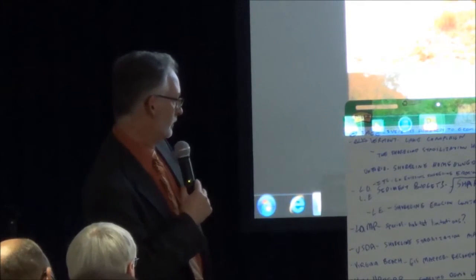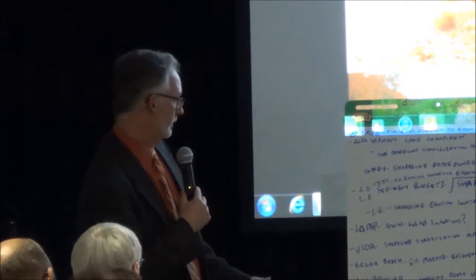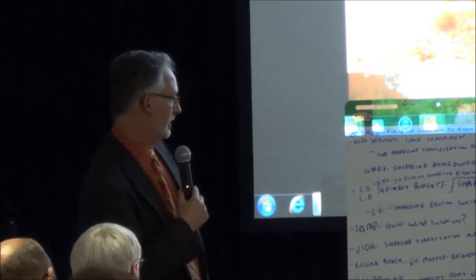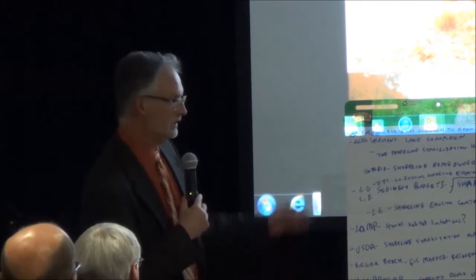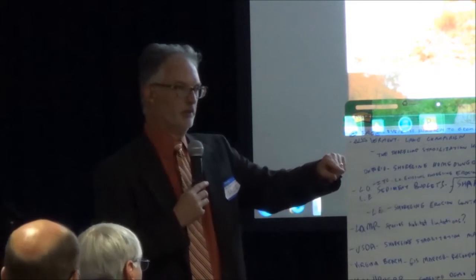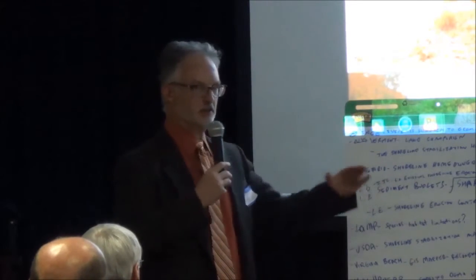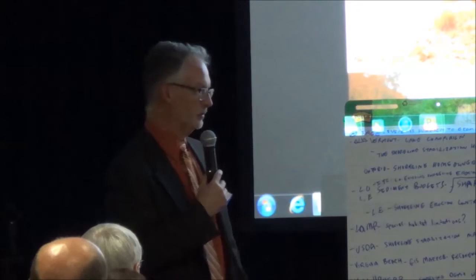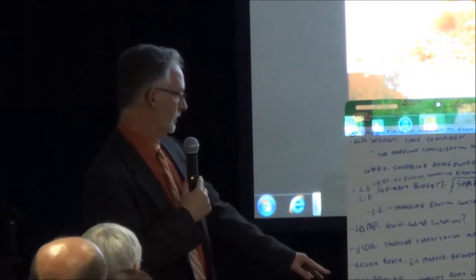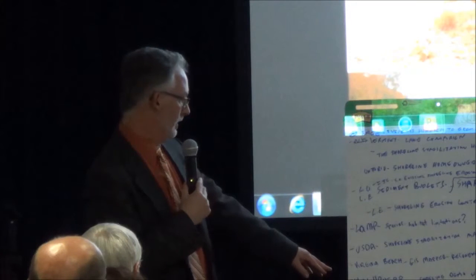The U.S. Department of Agriculture has the Shoreline Stabilization Manual. Virginia Beach has GIS mapped recommended techniques. So you go in, you show your project location, and it does all the analysis and tells you these are some suitable ways for dealing with your shoreline.